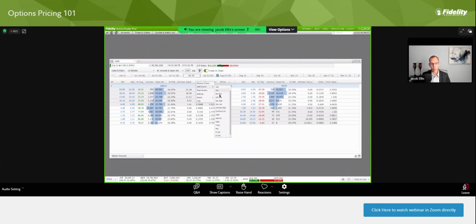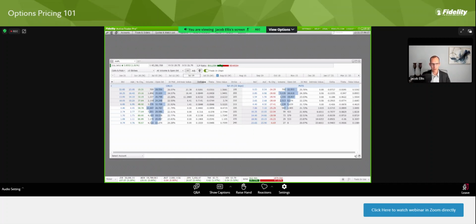For example, there's a whole list of Greek-sounding names, including Gamma, Vega, Theta, Rho. All of these are other options-related ideas. I'll add in Theta, for example, and you'll see that now I've got a column on both the call side and the put side of the options chain, showing both delta and theta.